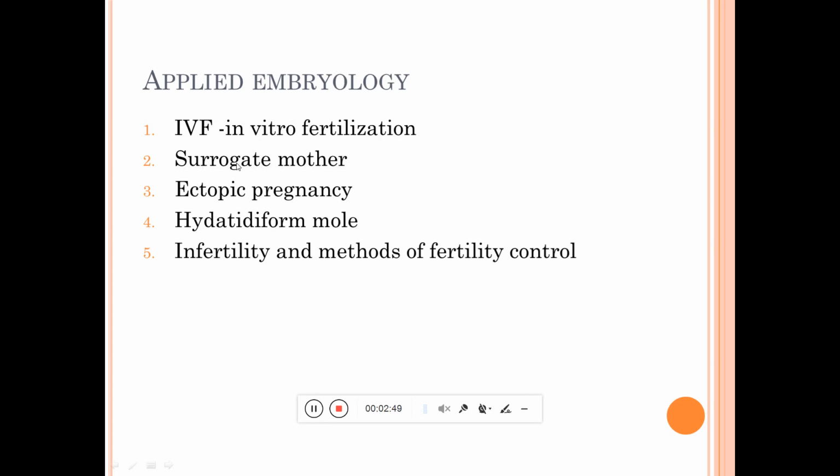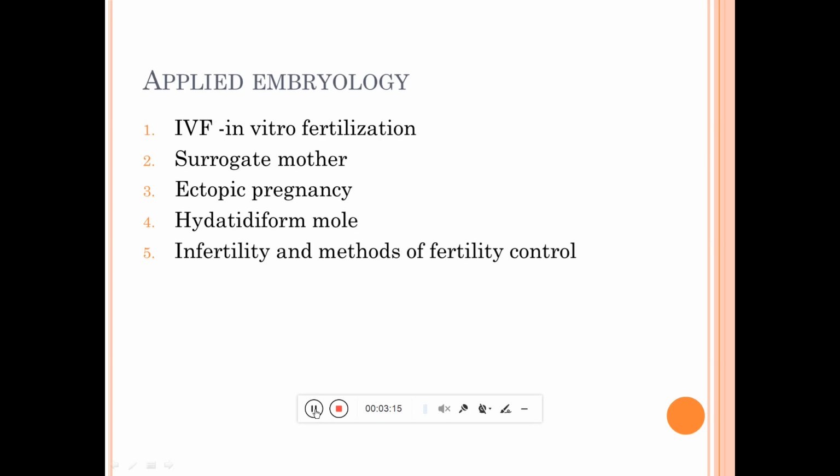Sometimes the ovum is normal and the fallopian tube is normal, but the uterus is not normal. That means there is a unicornuate uterus, meaning half the size of the uterus is present.